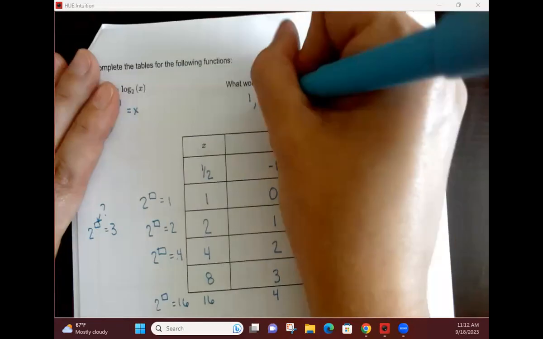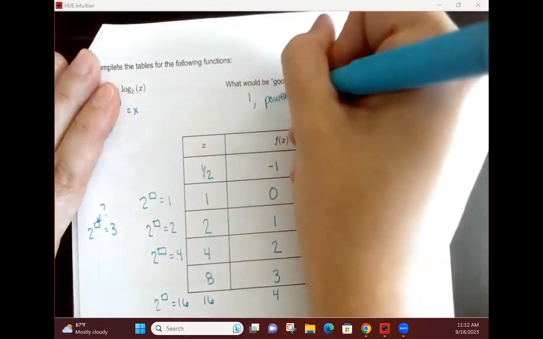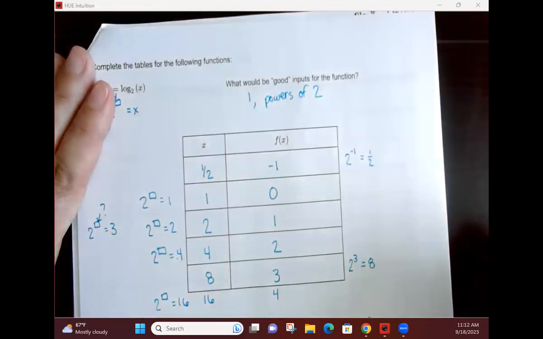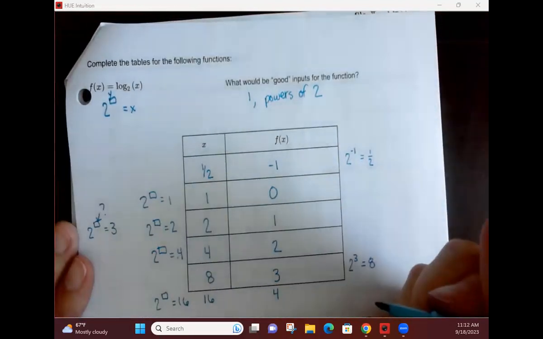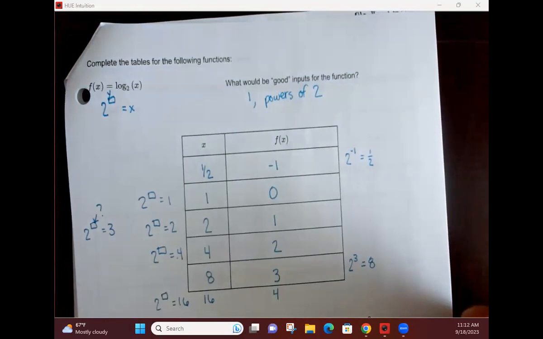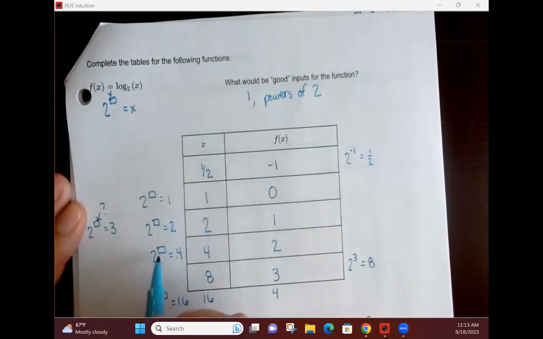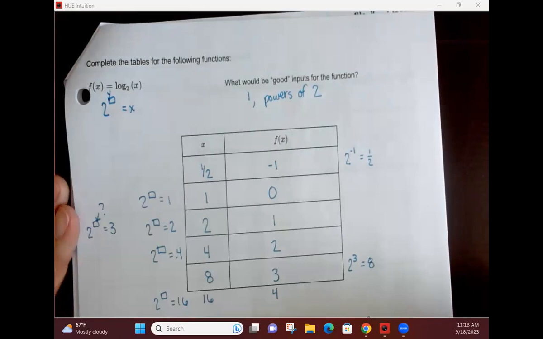So 1 is a good option, and then any powers of 2. I could pick 1/4. That would be 2 to the negative second. I could pick 1/8. That'd be 2 to the negative third. Powers of 2 would be good options for x because they would make my exponents be reasonable numbers.